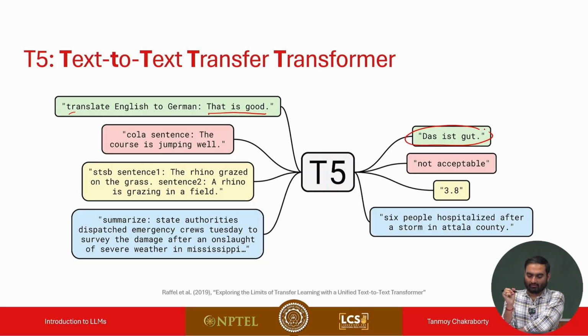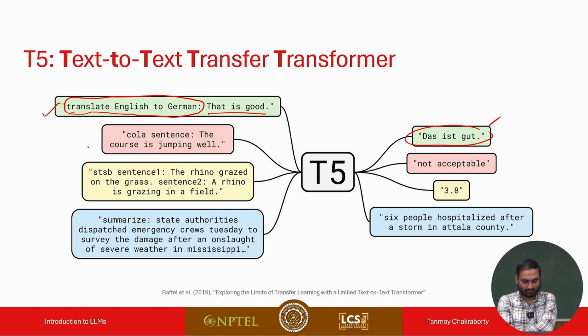So your input will be this sentence in the encoder, and your output will be this sentence in the decoder. But you see here, there is a task instruction, a task prefix, which was not there in case of BART. BART's pre-training method was very different.